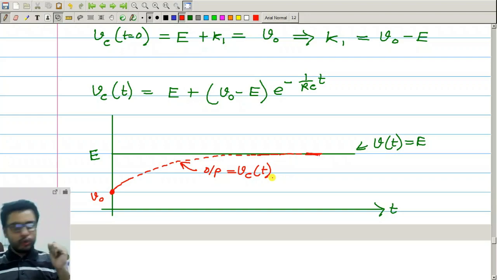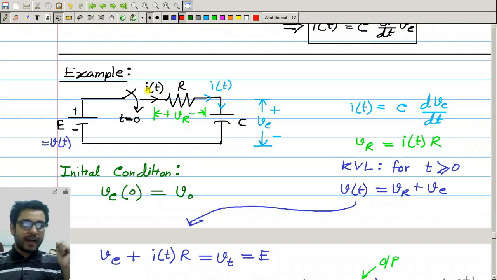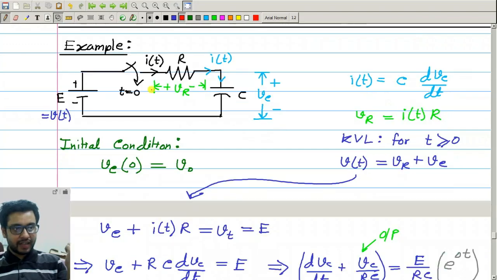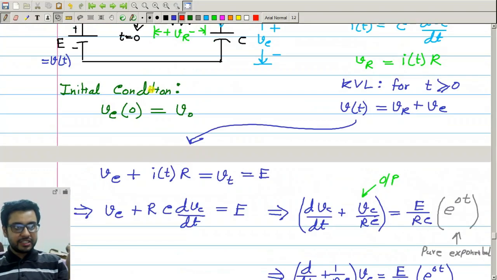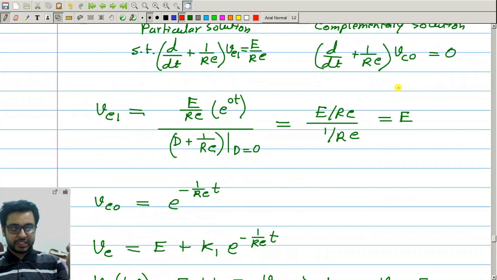Okay, now you may also like to consider this current as your output, and you can ask how this current changes with time. In this case, the quickest way to find the current is to use this formula: I(t) is equal to C d/dt of Vc.